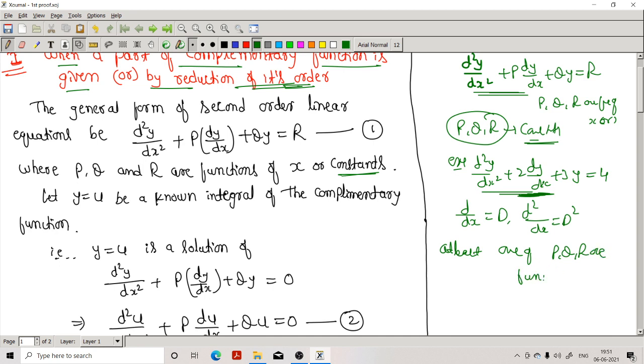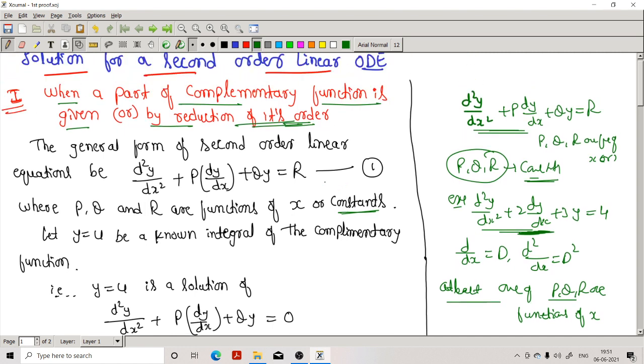Sorry, it need not be a variable; any variable must be a function of x. So at least one of P, Q, R must be a function of x, then this method holds. This method is generally useful only when at least one of P, Q, R is a function of x.